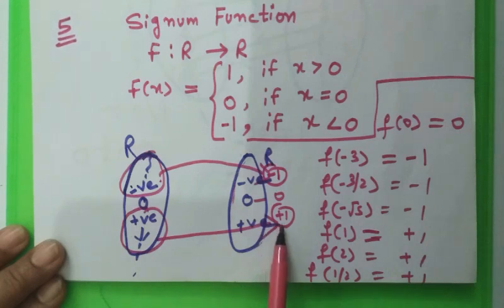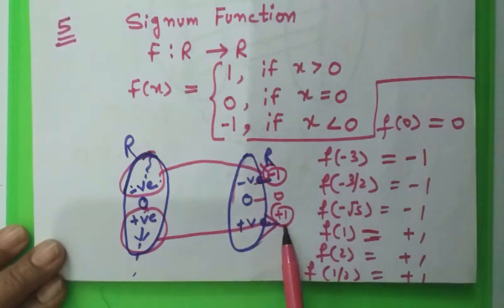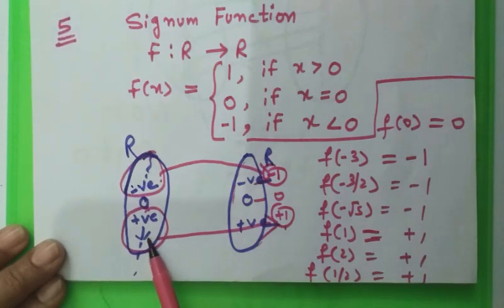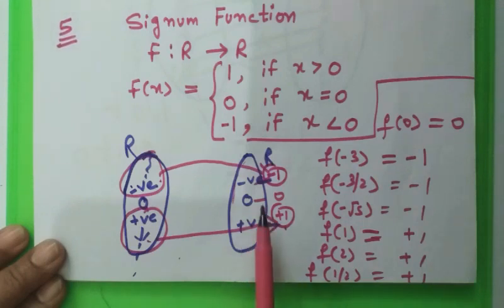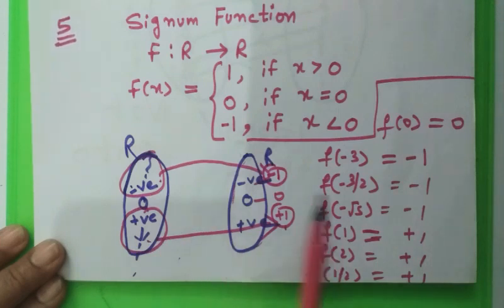Similarly, there are infinite positive reals which include positive rationals, positive irrationals, positive integers. Out of all those infinite numbers, there is only one number, positive 1, which has got many pre-images and the rest have no pre-images. So infinite numbers of the codomain set have no pre-images. Therefore, this function can never be onto.